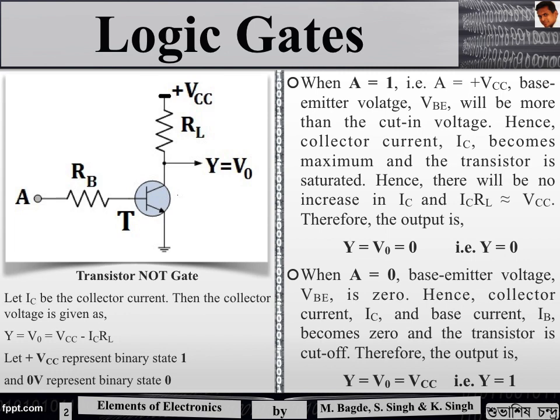So A equal to 1 means we are applying plus VCC, and if A equals 0, we are applying 0 volt. The A will act as the input terminal which will control the transistor T.